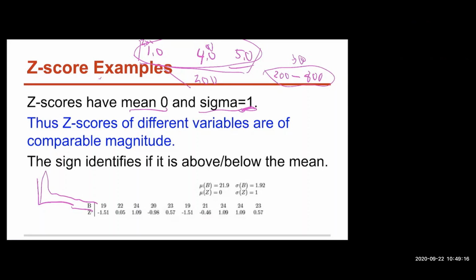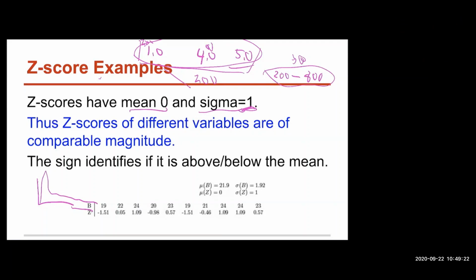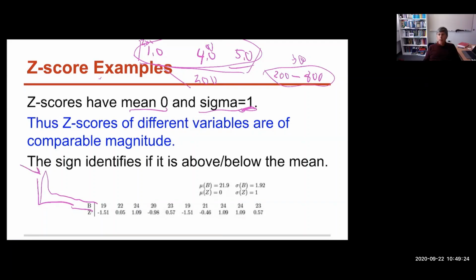Taking the z-score is just a linear transformation, right? So it doesn't change the shape of the distribution. It just brings it to a realm where different distributions are of the same magnitude. In an ideal world, our data would be normally distributed and it would work exactly the way that you're talking about.